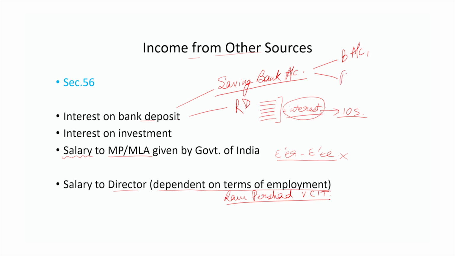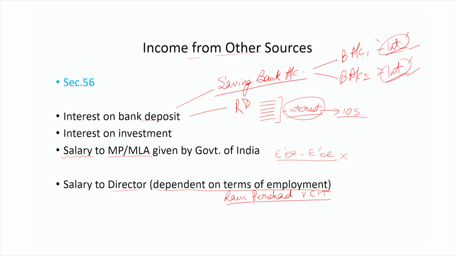So, in that case, I am receiving interest on both the bank accounts. So, I've got bank account 1 and then I've got bank account 2. On bank account 1, I am getting some interest, right? And on bank account 2, I am getting some interest, and so on and so forth. So, whatever interest amount I'm getting in my hands from whatever kind of bank deposits I have, that will be subject to tax under this head income from other sources, right?